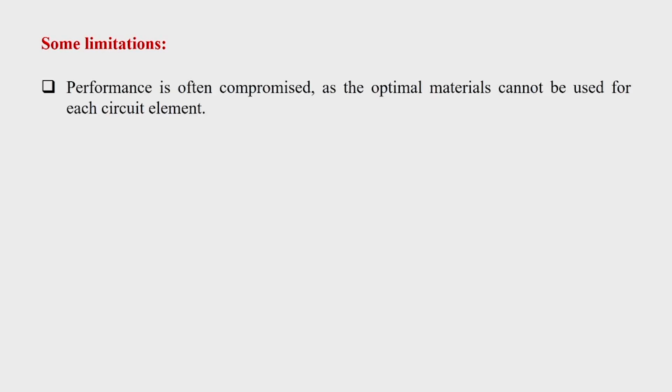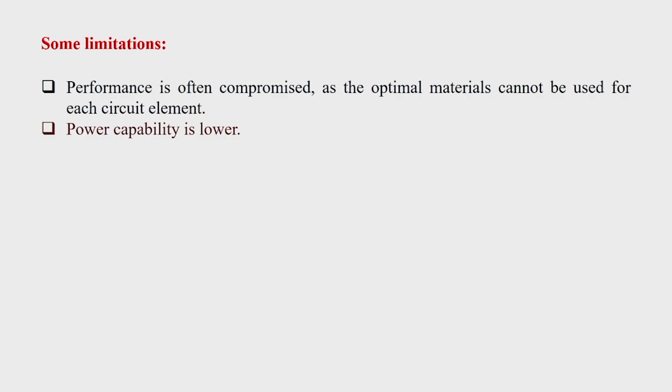However, MMIC technology also has some limitations. Performance is often compromised as the optimal materials cannot be used for each circuit element. So, we had that flexibility in hybrid MIC when the material for individual components could be chosen, but here we do not have this flexibility. Power capability is limited.